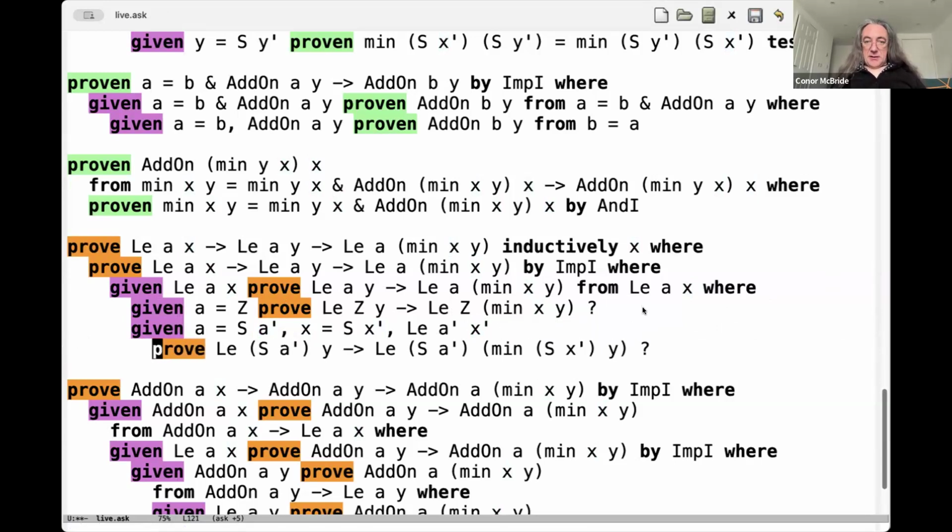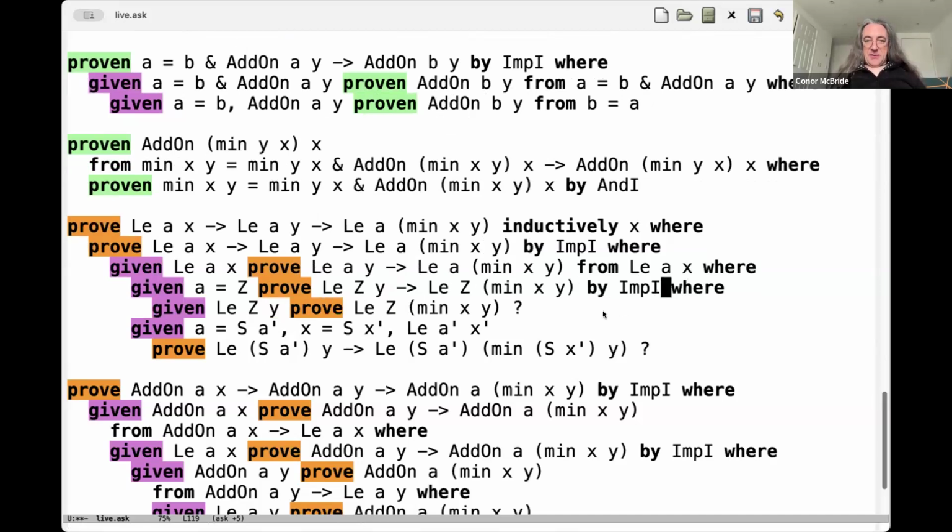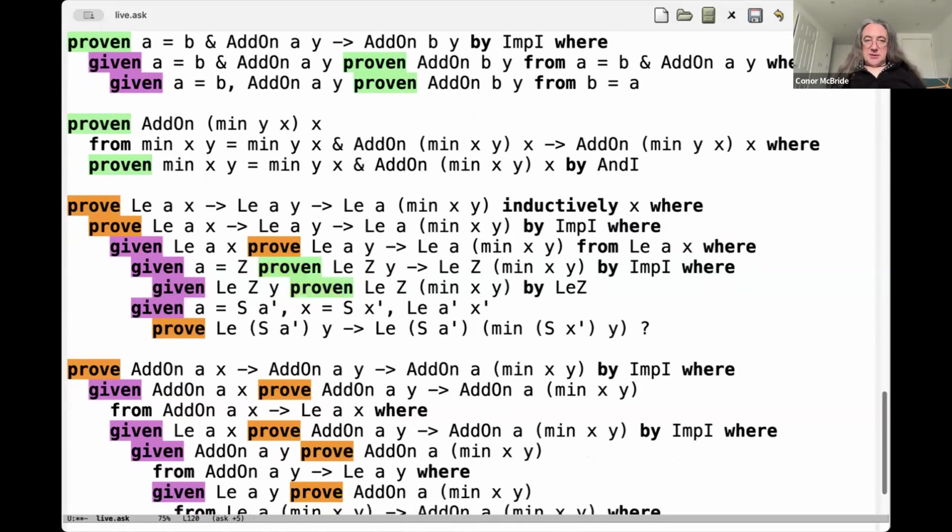Okay, so here we're gonna win. We're trying to, ultimately, we've got a boring assumption. Let's move it to get nearer the goal. But now we're being asked to prove that 0 is less than or equal to something or other. So that's just straightforward.